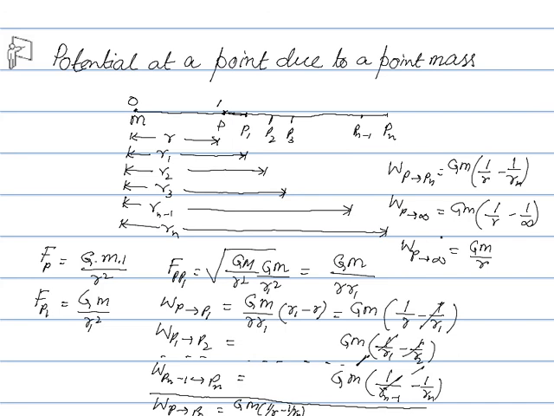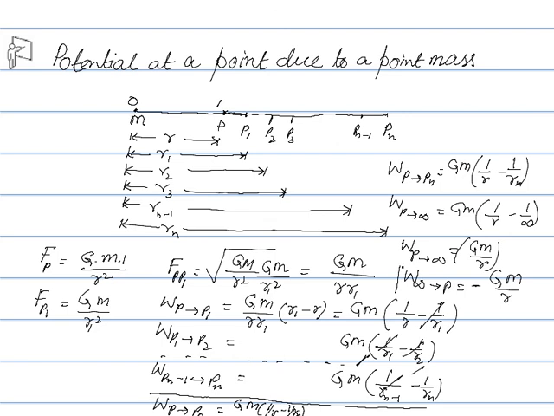So this is the work done to displace the unit mass from P to infinity. Similarly, if we bring a unit mass from infinity to P, this work will be done in favor of the attractive gravitational force. So we take the negative sign of it, and we find the work done to bring the unit mass from infinity to P equal to minus GM by r.